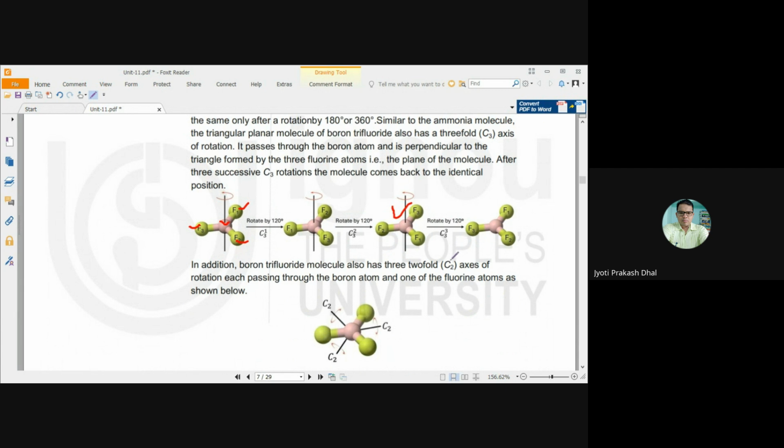If we rotate still another 120 degrees, a total of 360 degrees, we get the identical configuration. That's why boron trifluoride has a threefold axis of rotation, that is a C3 axis of rotation.